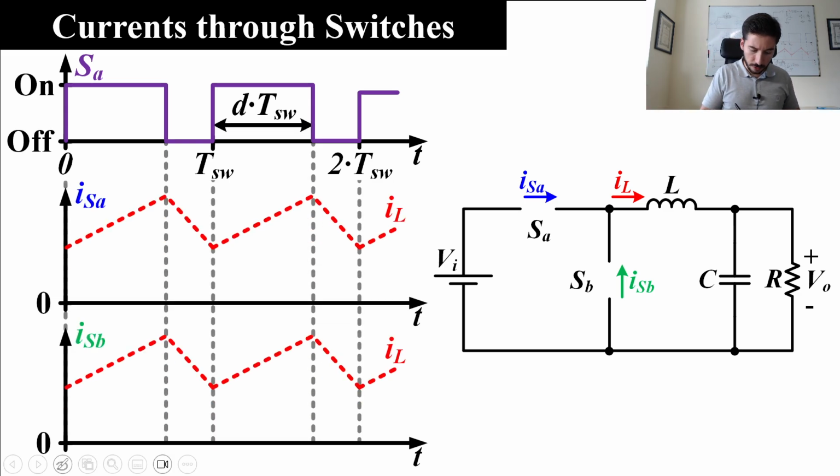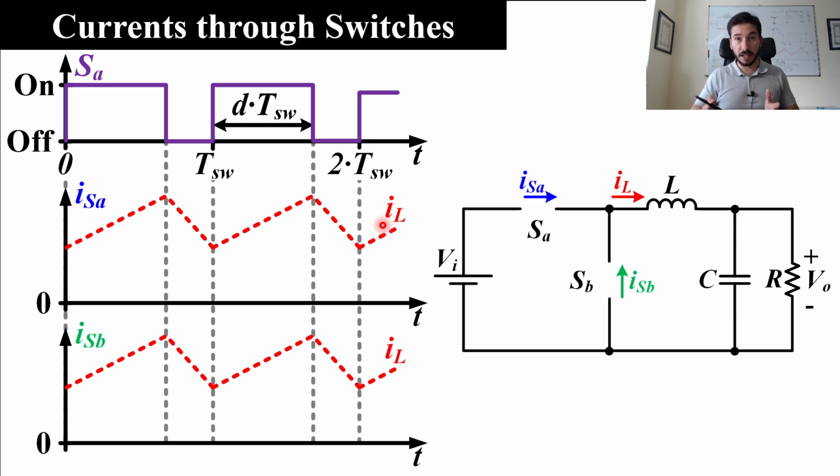In this case, we are going to draw here current through switch A, and we are going to draw here current through switch B. And in this case, it will be very useful to put here the inductor current. We already know the shape of the waveform because we studied that, I think, in 2 videos before this one.